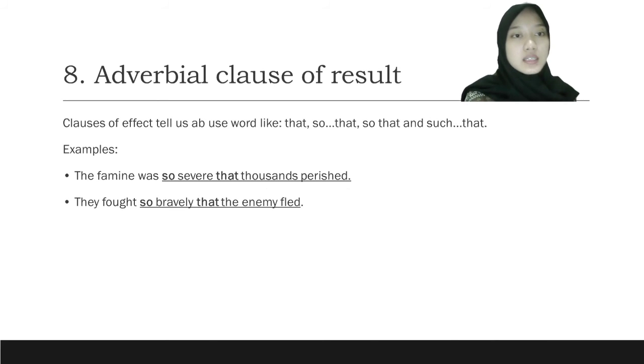Number 8 is adverbial clause of result or effect. Sorry for the incomplete sentence.